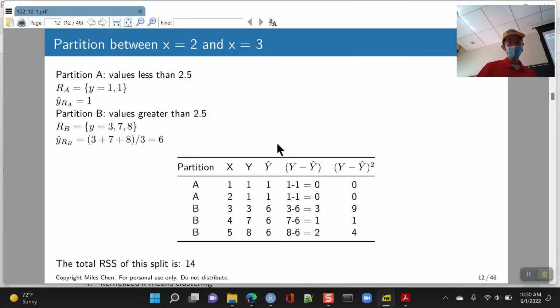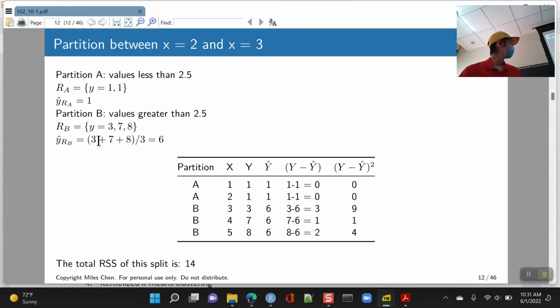Okay, what about a split between 2 and 3? If we split between 2 and 3, then the values in partition A, the predicted value is 1, and so we have no residuals there. On the other hand, the other values are 3, 7, and 8, and so our predicted value there is going to be the average of 3, 7, and 8. Did I add this wrong?